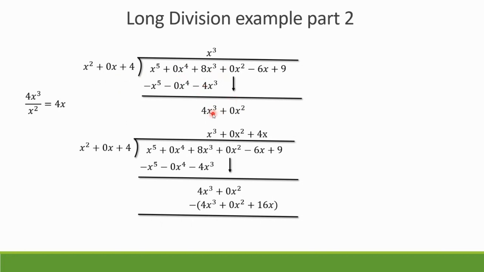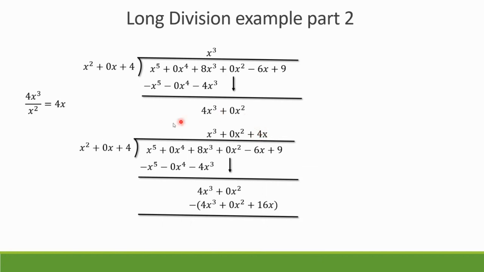So now we do this process again. We have 4x cubed over x squared, and that's equal to 4x. The 4x goes over the like term of minus 6x. So the 4x is up here. Now, same thing, we multiply.